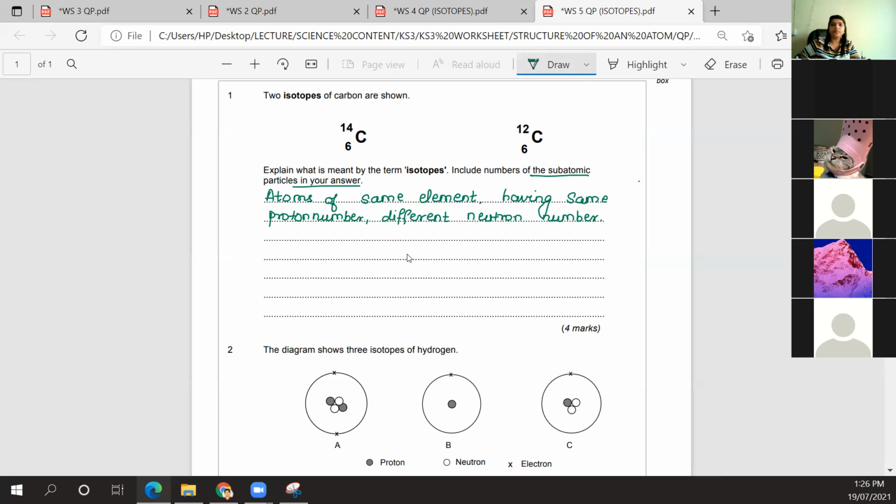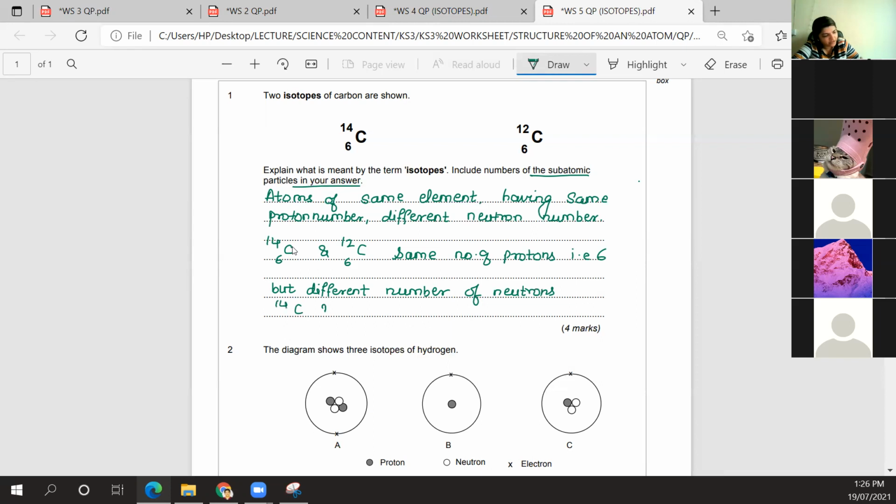So for carbon 14 and carbon 12, we will write that carbon 14 and carbon 12 have the same number of protons, that is 6, but a different number of neutrons.